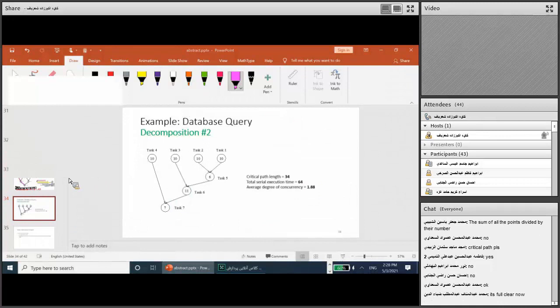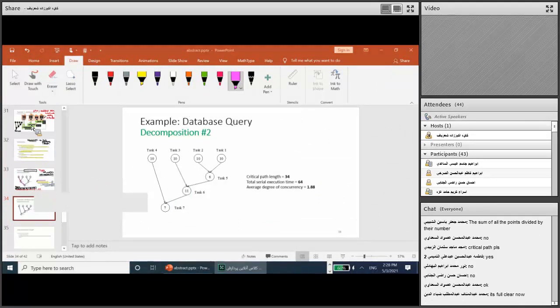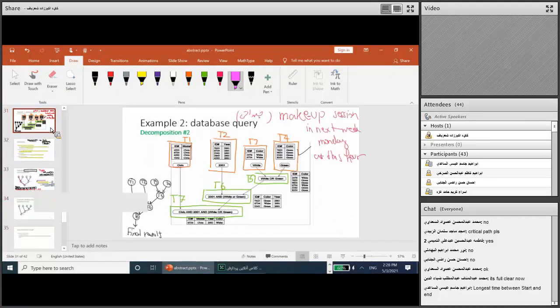Okay, this is the second decomposition of the database query, our second example.